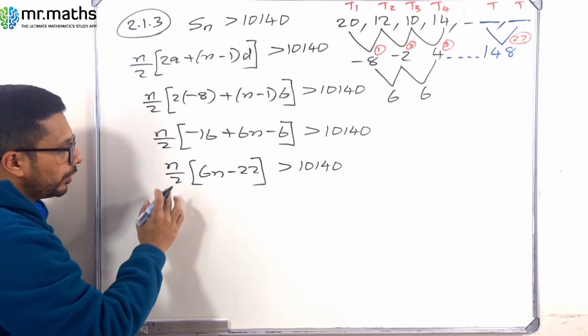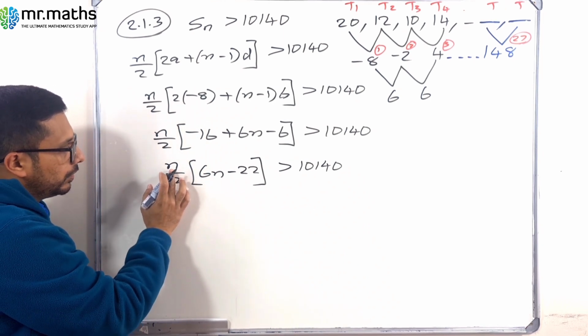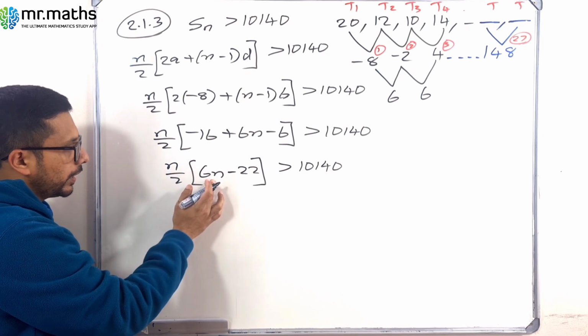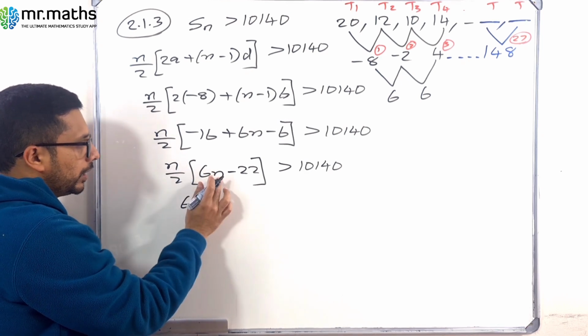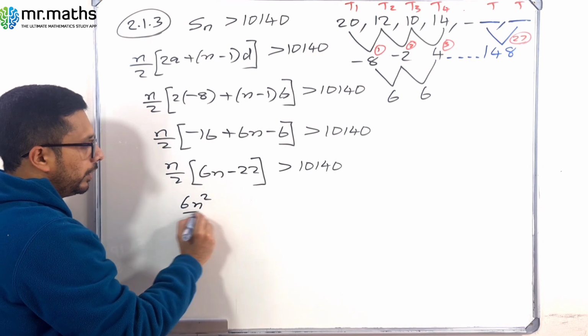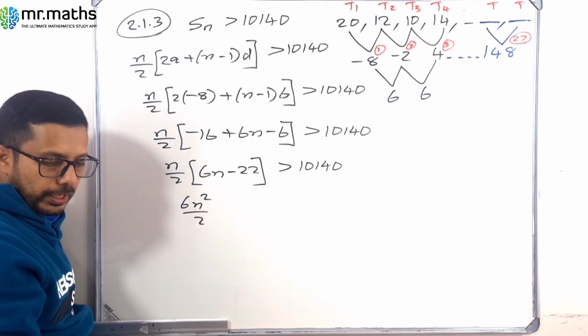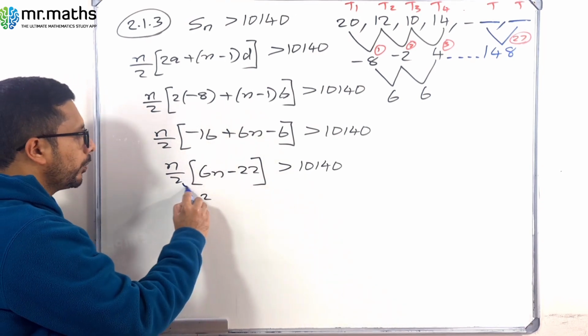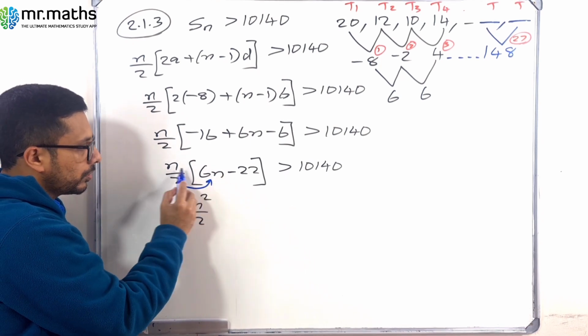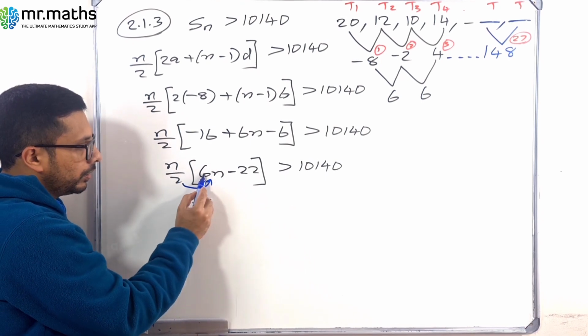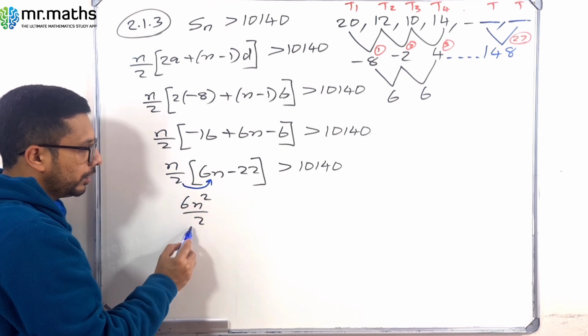Now we can expand the bracket. I expand this bracket like this. Multiply this n by 6n, so n into n is n square, so the numerator is 6n square, and the denominator is this 2.